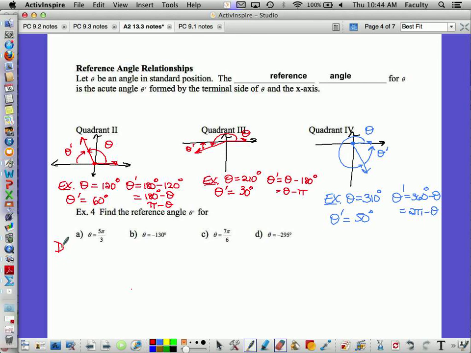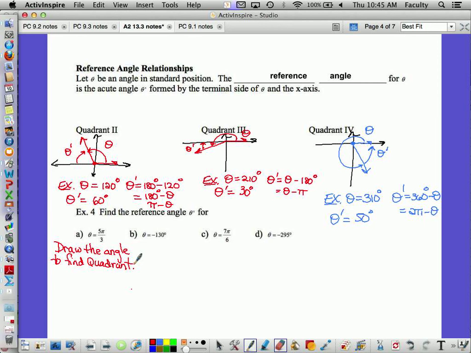So what you need to do is draw the angle to find the quadrant you're in. So for 5 pi over 3, unless I can look at the unit circle, because the angles are on there, I do need to mentally be thinking about degrees.